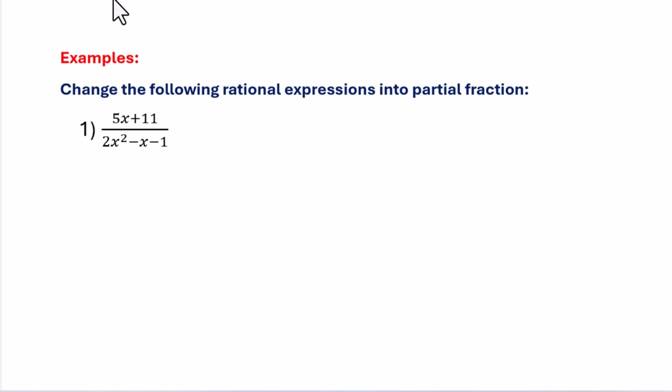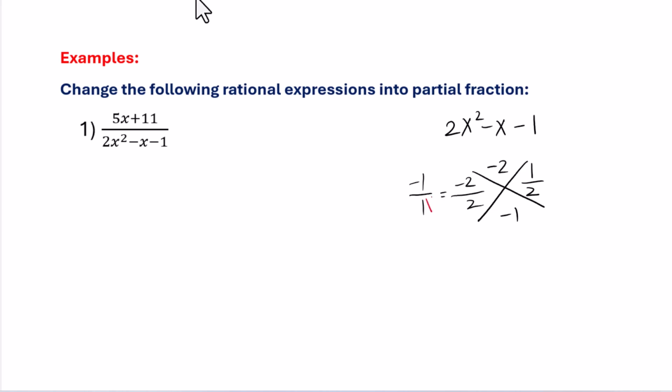Examples: change the following rational expressions into partial fraction. 1. 5x plus 11 all over 2x squared minus x minus 1. Factor 2x squared minus x minus 1: we get x minus 1 times 2x plus 1.